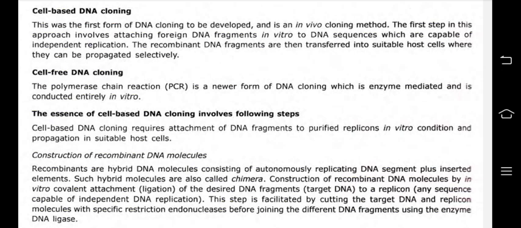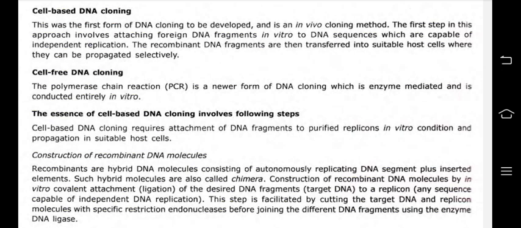The essence of cell-based DNA cloning involves the following steps. Cell-based DNA cloning requires attachment of DNA fragments to purified replicons in vitro and propagation in suitable host cells. Construction of recombinant DNA molecules: recombinants are hybrid DNA molecules consisting of an autonomously replicating DNA segment plus inserted elements. Such hybrid molecules are also called chimeras.